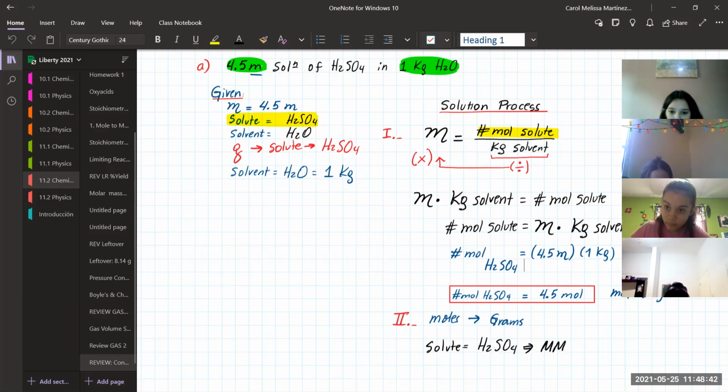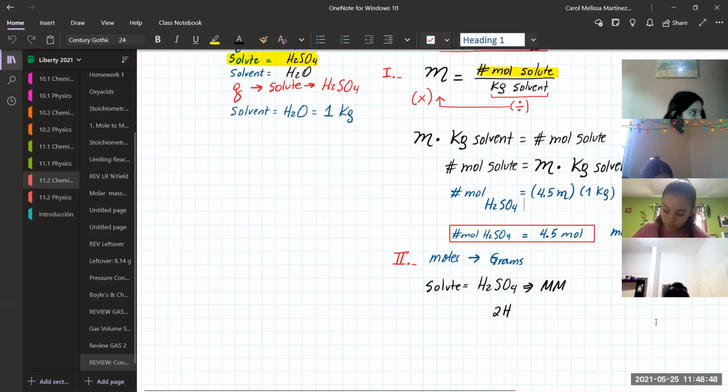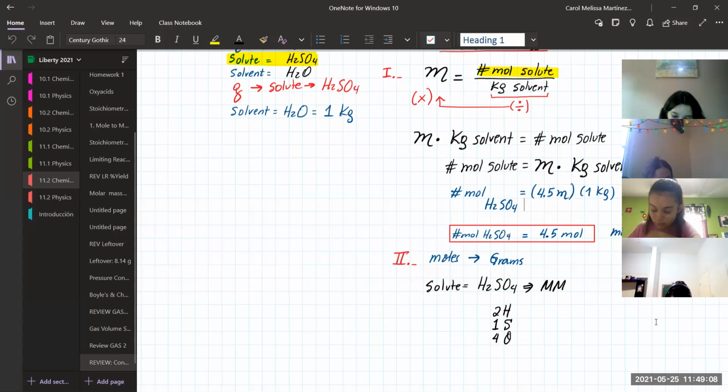The molar mass of H2SO4 will be 2 hydrogens, 1 sulfur, 4 oxygens. And you replace the elements by the atomic mass from your periodic table. I use rounded numbers, you know it, okay? So, for hydrogen, I replace hydrogen by 1 gram.